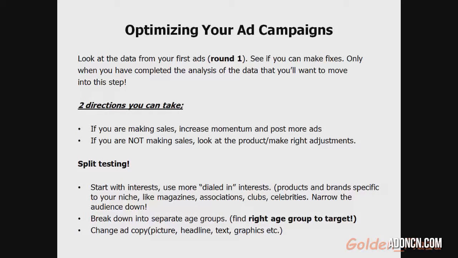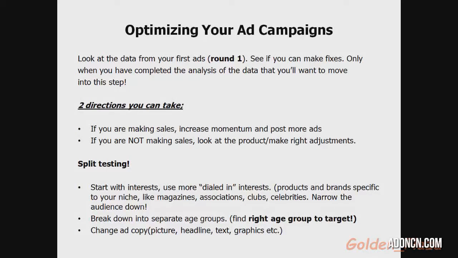Use products and brands that are specific to your niche, magazines, associations, clubs, B-list celebrities. Narrow your target audience down to these people. All those different categories of interests to target are buyer interests. They are audiences of people who buy products in that niche. So that's something you want to start making and adjust in your ads.